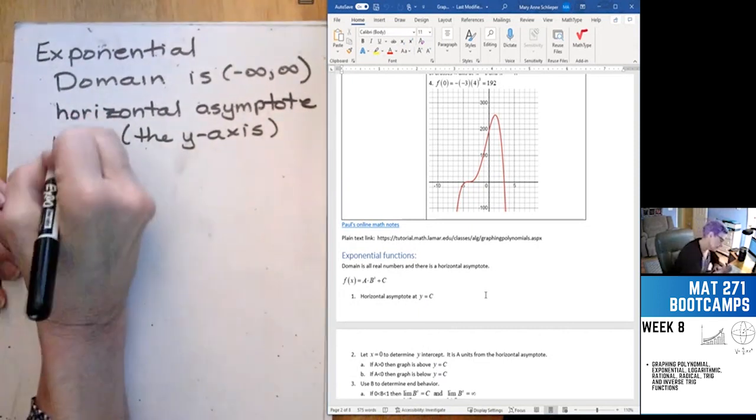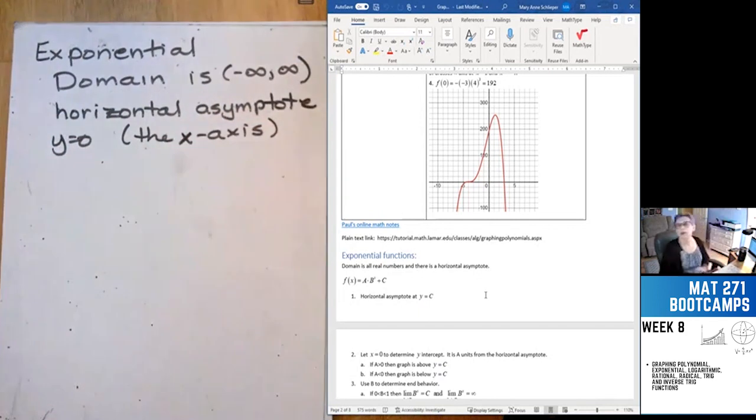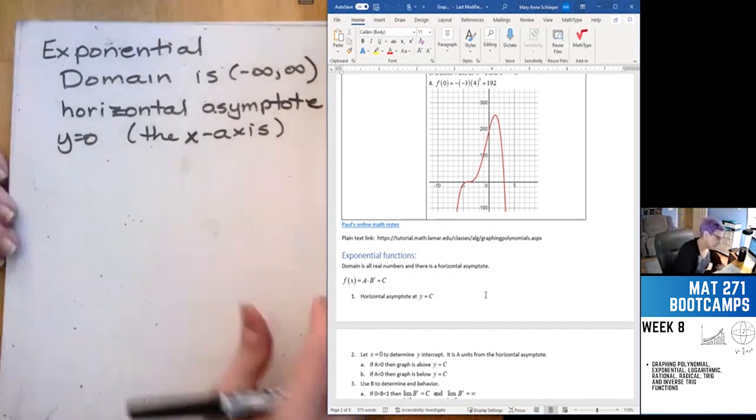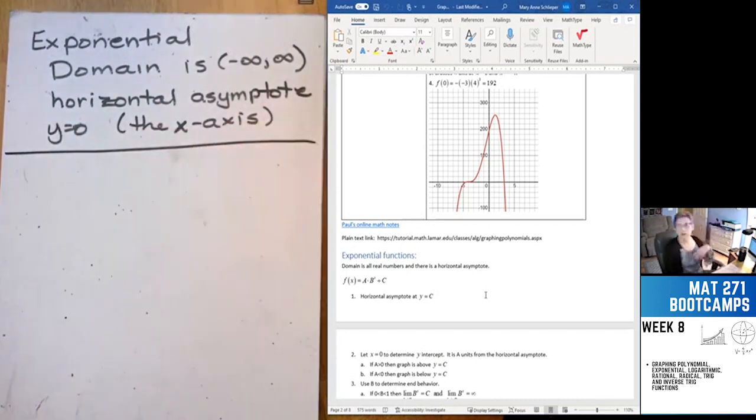The x-axis. Logarithmic functions have a vertical asymptote at x equals 0, the y-axis, but exponential functions have a horizontal asymptote equal to the x-axis. And usually what we do is we shift them, we flip them, we stretch them.